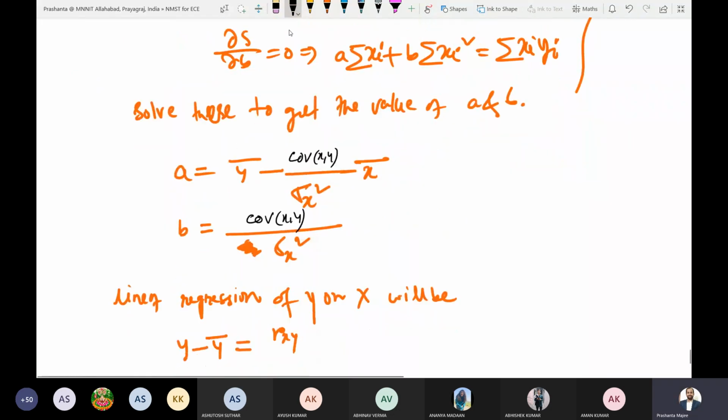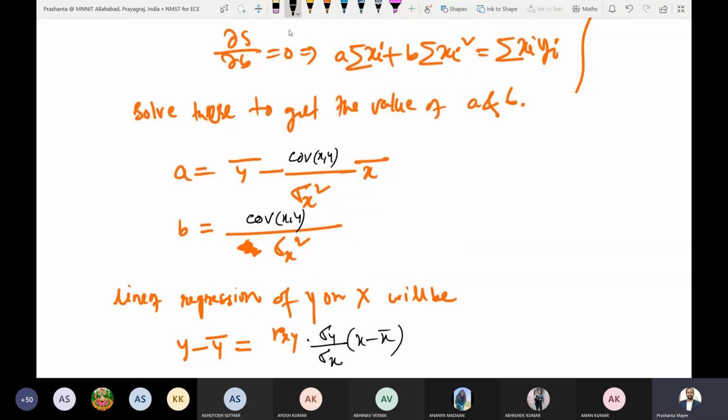So your equation will be rxy into sigma y by sigma x into x minus x bar.